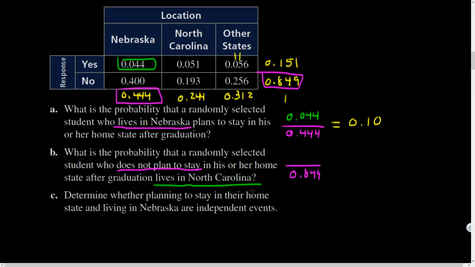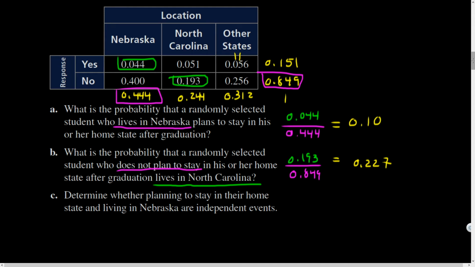Lives in North Carolina, so right there, 0.193, and that is equal to 0.227. And so 22.7% of students who don't plan to stay in their home state were from North Carolina.